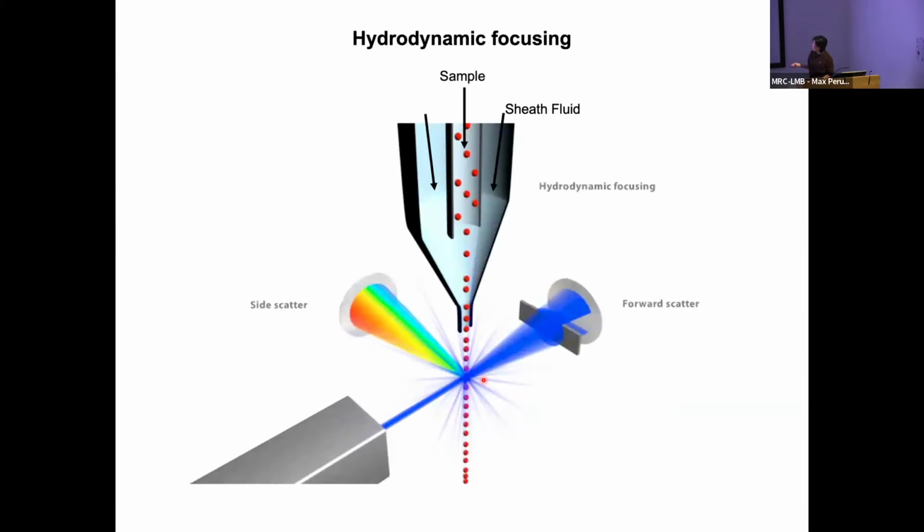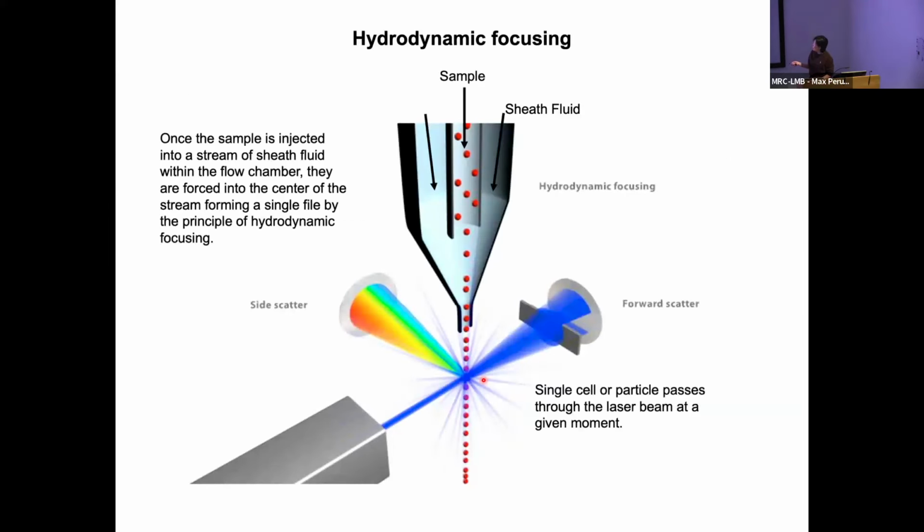So flow cytometers use the process of hydrodynamic focusing, where the sheath fluid is pressurized and flows through the flow cell or a nozzle, as shown here, at a constant rate. The sample core stream is injected in the center of the sheath fluid.